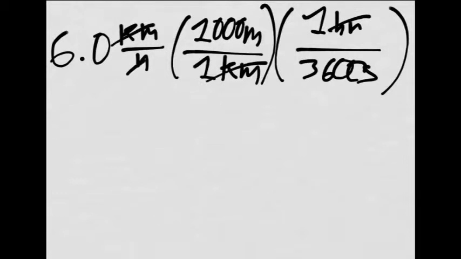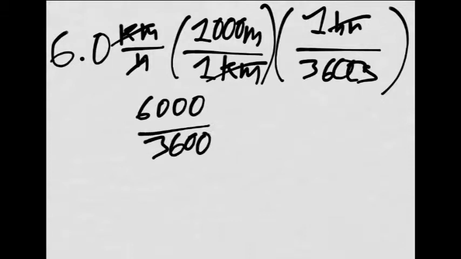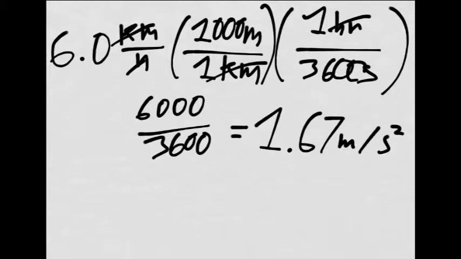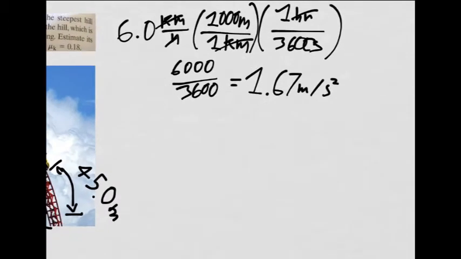So we have 6,000 over 3,600, which is about 1.67 meters per second. That's the speed in meters per second.